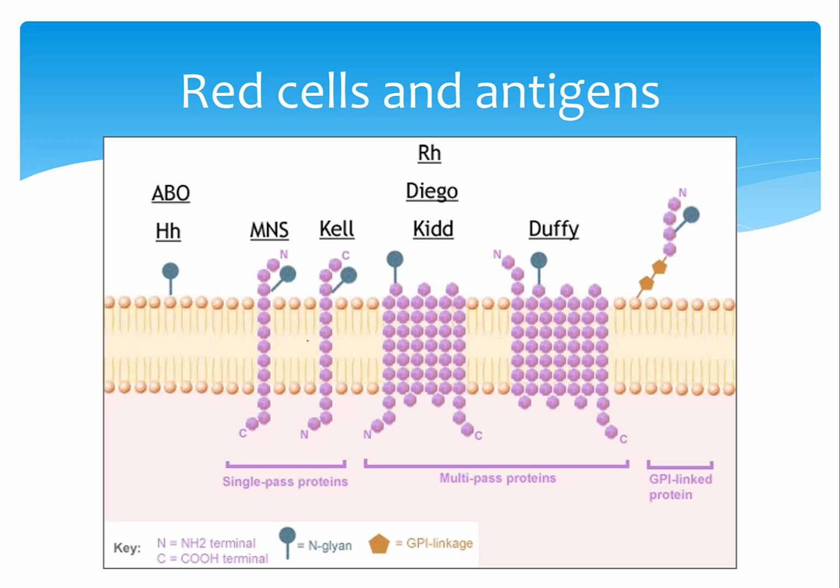All these antigens are proteins. So some of them are single proteins, some of them are multiple proteins. Sometimes you have only glycosaminoglycan type of antigens like ABO group, whereas RH and KID are proteins plus aminoglycan antigens.